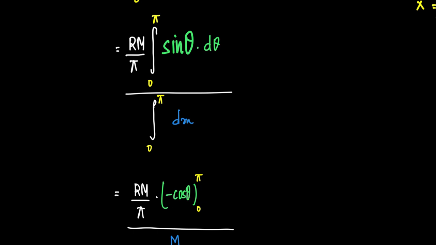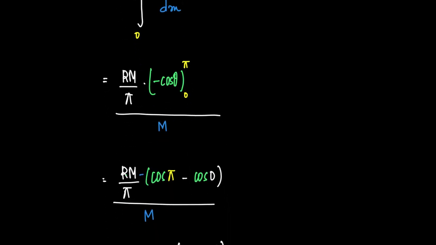Minus cos theta, varying from 0 to pi. And integral 0 to pi dm is equal to m, the total mass. I'll just take this minus outside the brackets here.